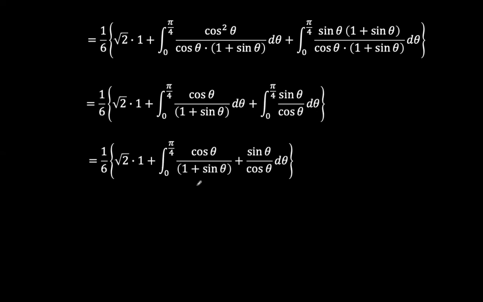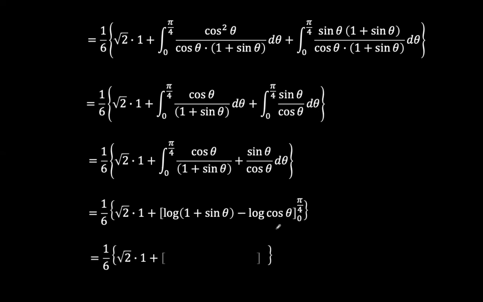Now, this integral is the same as the natural logarithm because the numerator is the same as the derivative of the denominator, and then here the numerator is the same as the negative derivative of the denominator. So we have natural logarithm of 1 plus sine theta minus natural logarithm of cosine theta.